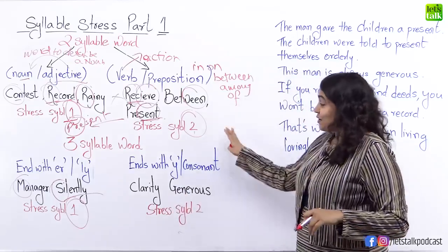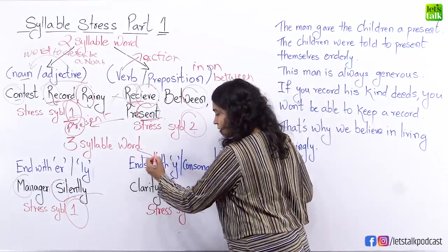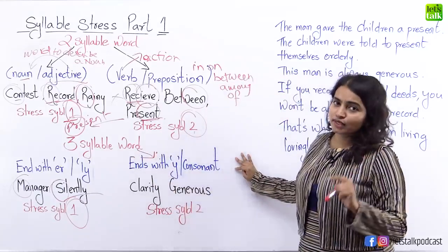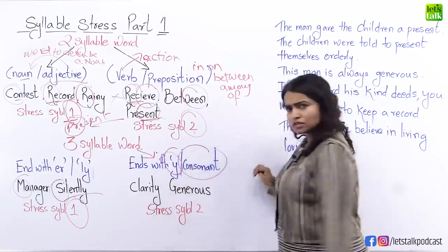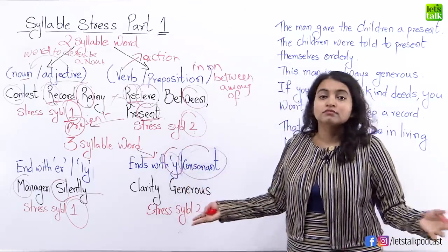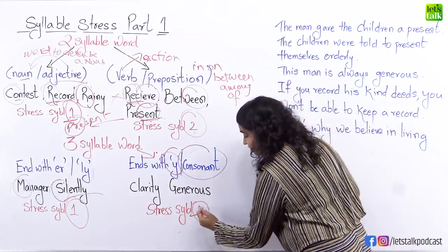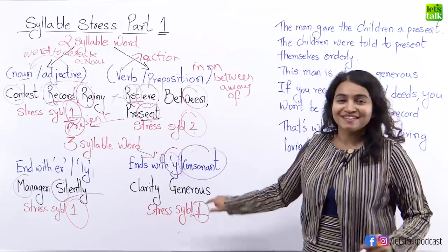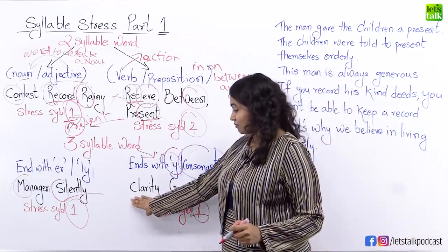Okay then, what happens if now you have a 3 syllable word, but if that 3 syllable word ends with a Y or a consonant, what do you do? You again stress syllable number 1. That was a mistake. Syllable number 1. So, look at this word.